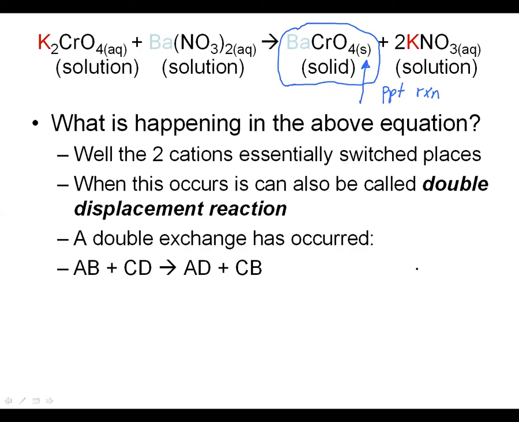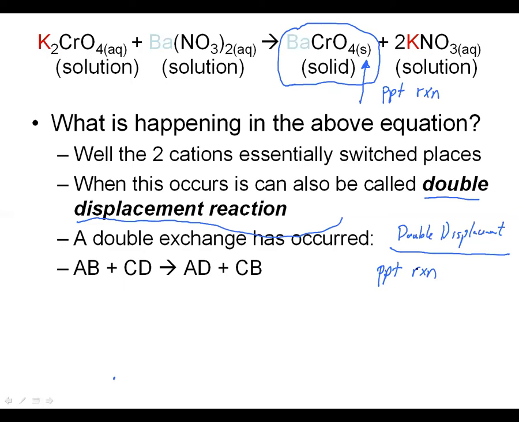One of the big ones that falls underneath that umbrella is a precipitation reaction. And again, that is just when you take two solutions, mix them together, and a solid forms. So that is definitely what is known as a precipitation reaction.